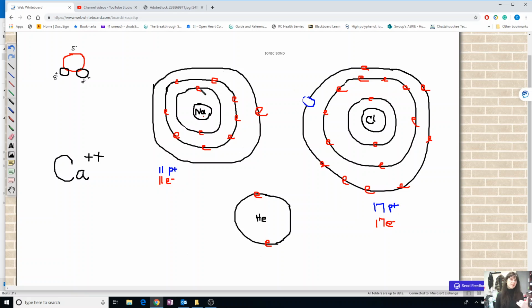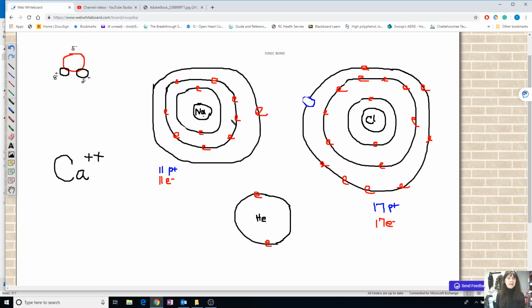We know that according to the octet rule, the first energy shell orbiting the nucleus can only hold 2 electrons. With 11, we can fill this first energy shell with 2 electrons. The next 8 electrons are going to orbit the nucleus in the second energy shell.